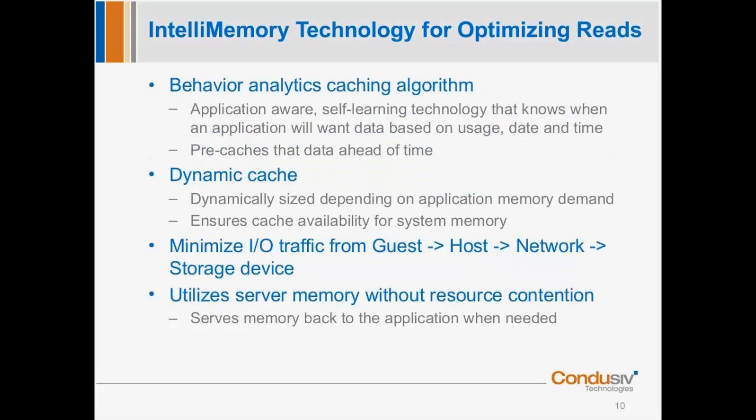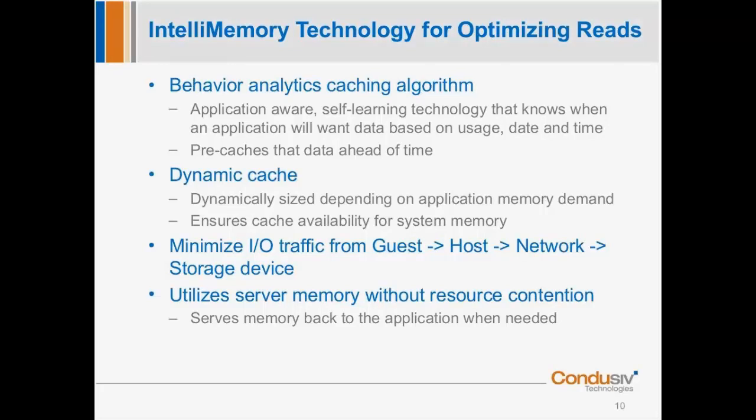So let me take a moment here and talk a little bit about IntelliMemory. The technology breakthrough of IntelliMemory is in its use of behavior analytics, which removes unnecessary read IOs and makes efficient use of a RAM cache for satisfying those read IO requests. And this can dramatically speed up your IOs per second.